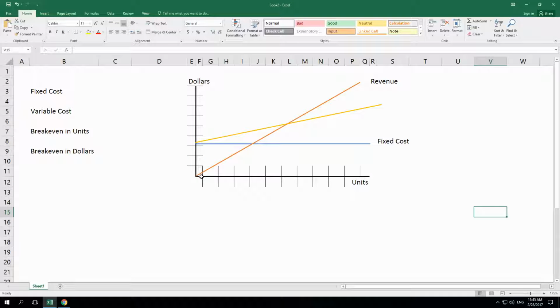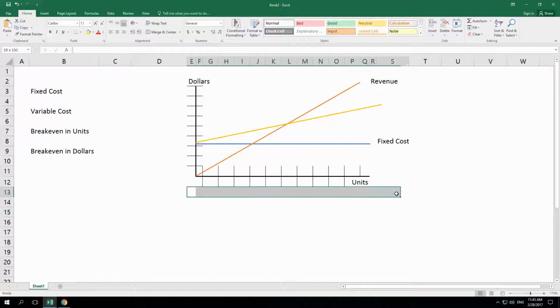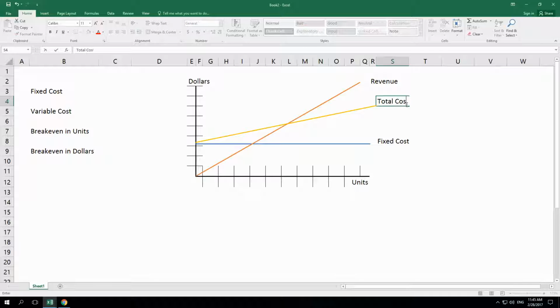So no matter how many units you sell, fixed costs are going to stay at the same level. That's a straight line. Variable costs will increase. If we call this yellow line total cost, up to where you hit that blue line, that's fixed cost.